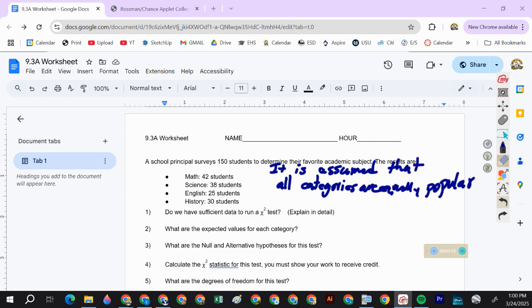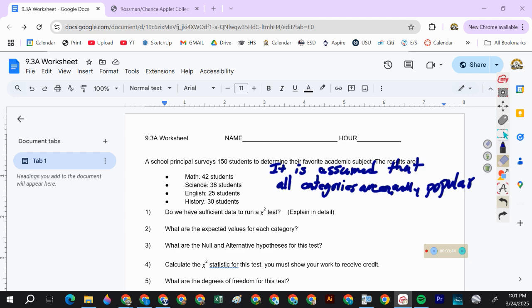So for each category, we have to calculate the expected value. So what is our assumption? Our assumption is that each subject is equally liked, or the same number of kids like each subject. So there are 4 subjects.